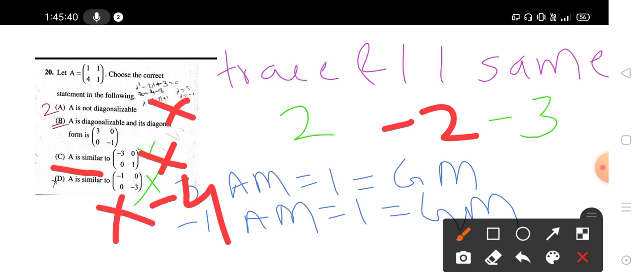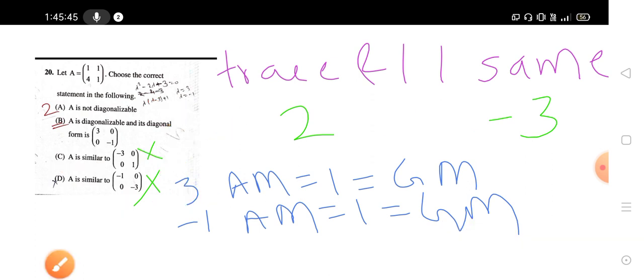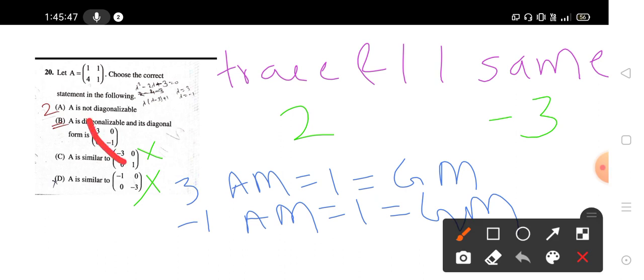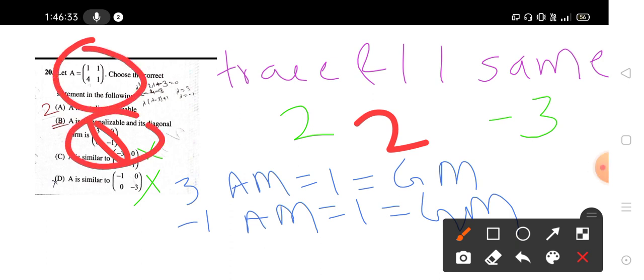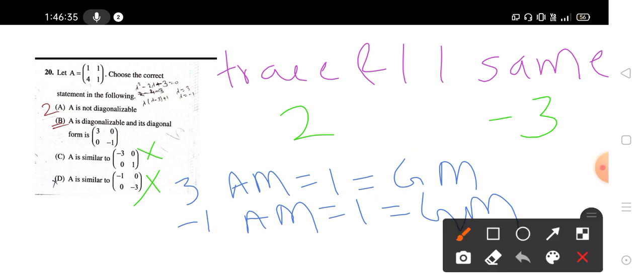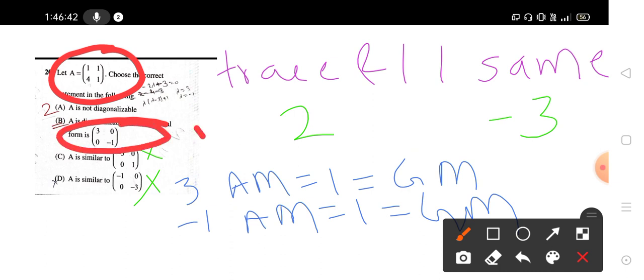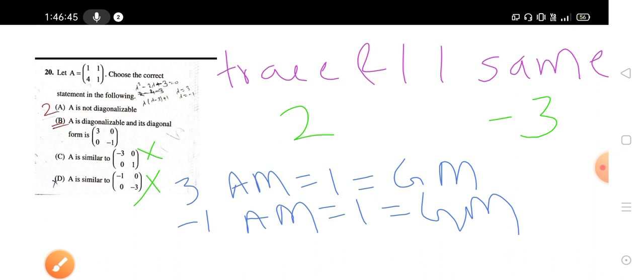Here A, C, D are not true, then B is correct. And here check for trace 3 minus 1 equal to 2. Here trace of matrix A equal to 2, and here also 2. And find determinant. Here determinant is -3 and here determinant is -3. Therefore answer B is correct. Next question.